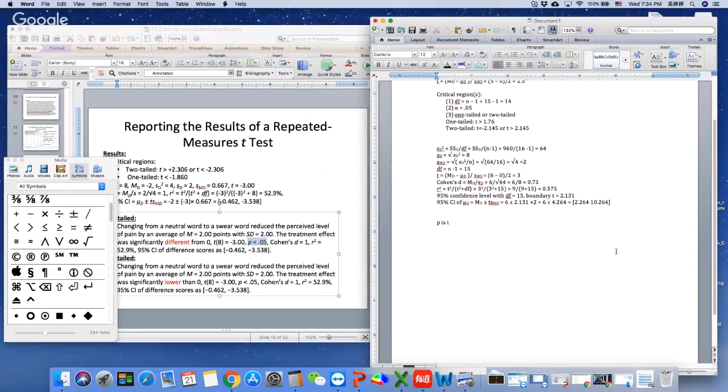P, for a two-tailed t-test with t smaller than 0, is the probability of obtaining a t value smaller than the t statistic.